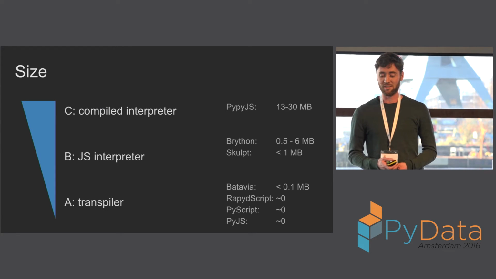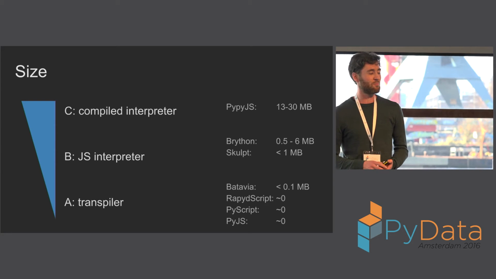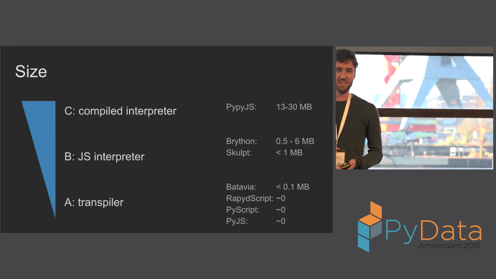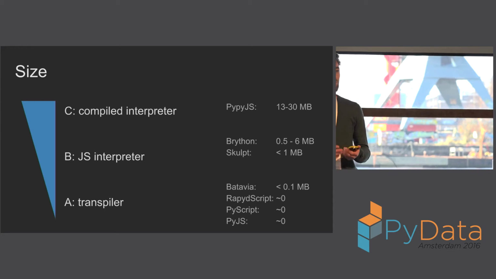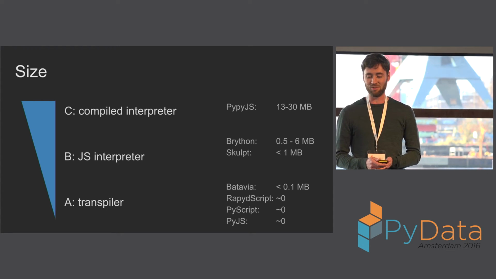In terms of size, the transpiler projects basically have very little extra size. Of course, they generate JavaScript that takes a bit more lines of code than if you would write it yourself. But other than that, there's nothing extra that you need.